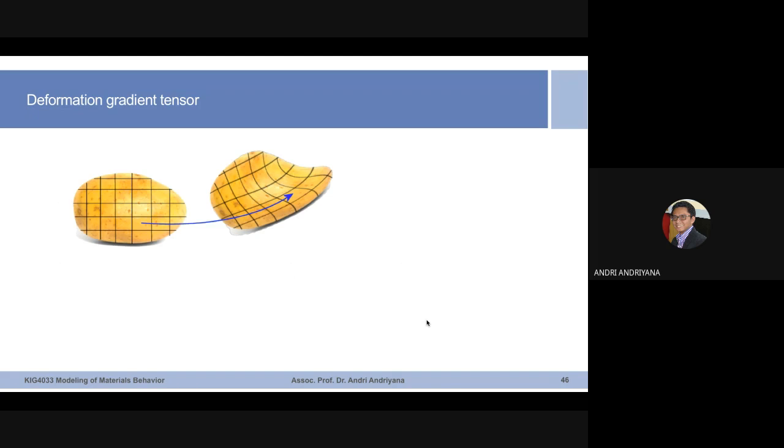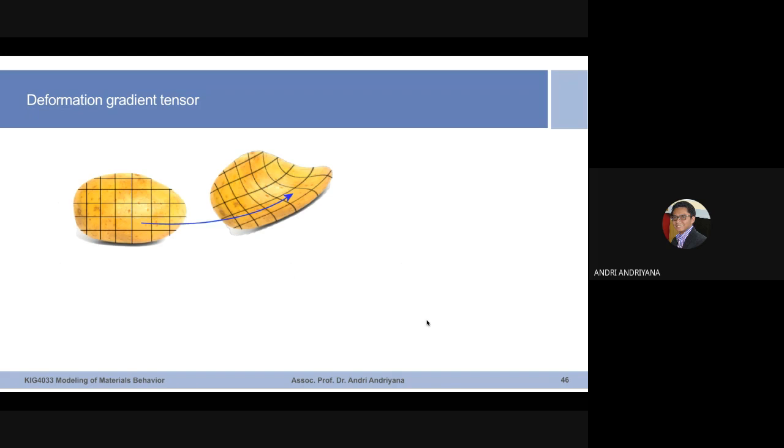Okay, so the very first and basic measurement of strain, the way we describe change of shape, is the deformation gradient tensor. This is the basic fundamental way of measuring the deformation in materials capable to undergo large strain.